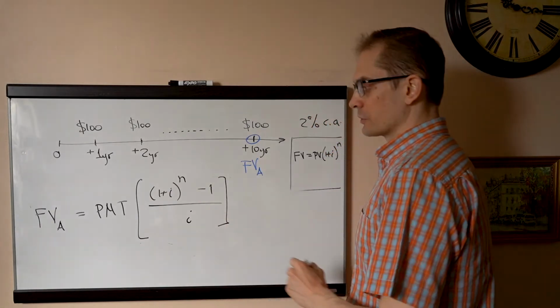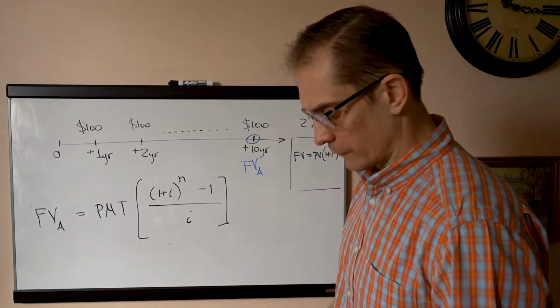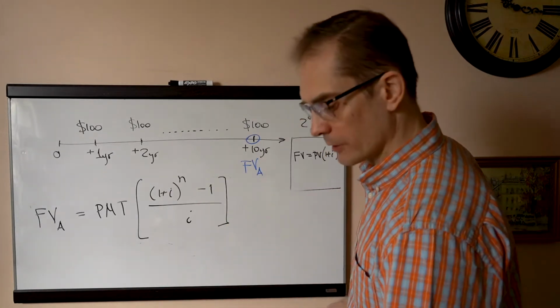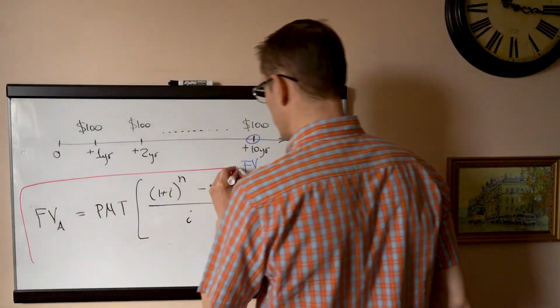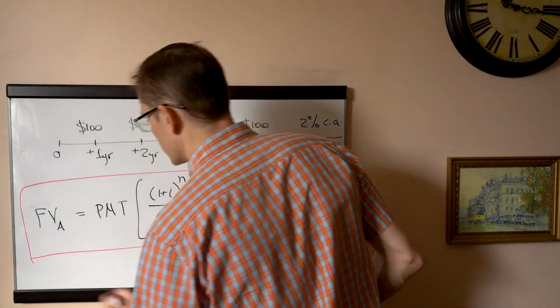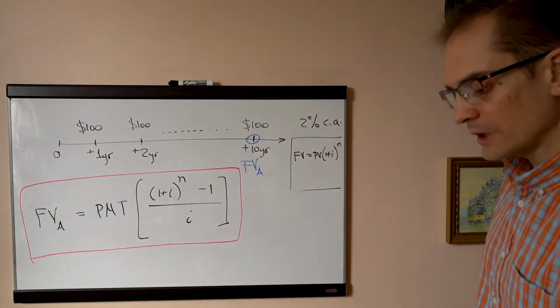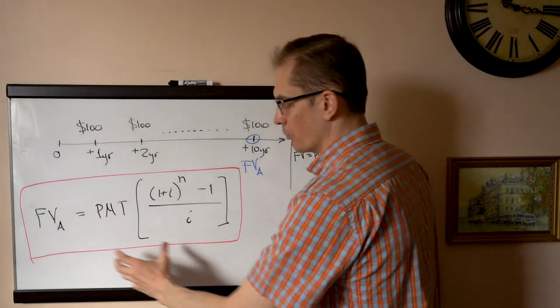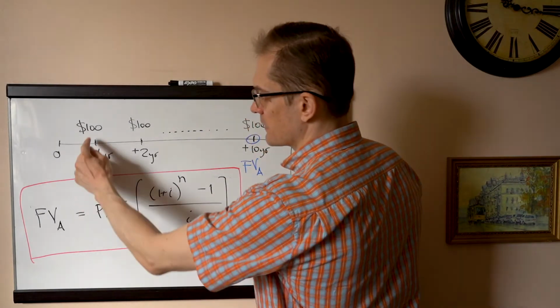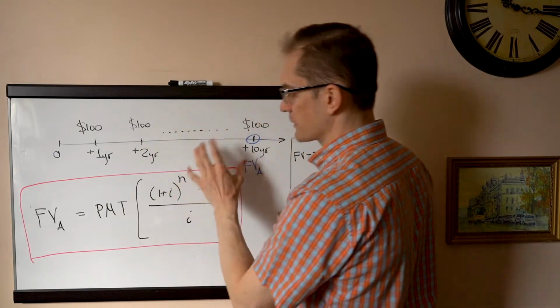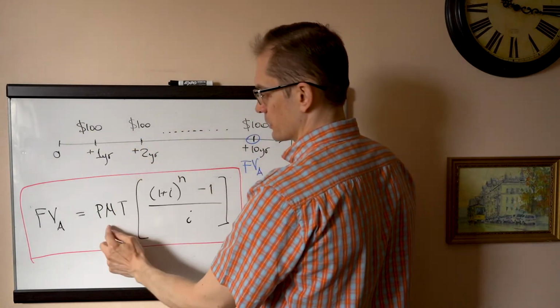Okay, so that's the formula I'm referring to. It will be one of our most important formulas going forward when we talk about annuities. But let me discuss the components of this formula for now. So this payment is the payment, right? In this example, this payment is $100.